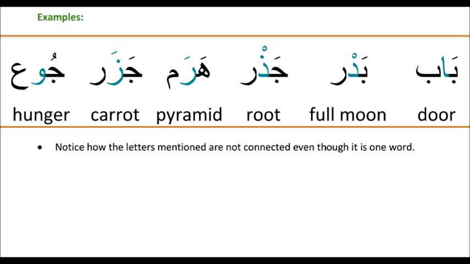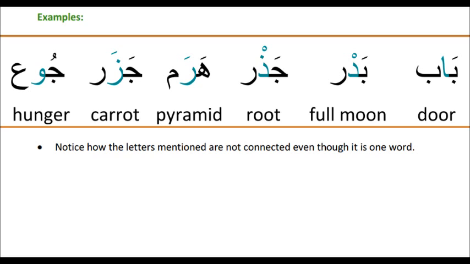Then we have the word jazar. Then we have ju'. And in these words we can notice that the letters I have mentioned before are not connected. If they are in the middle, or even if they are at the beginning, they will not be connected. They will just look like the initial form, or if they appear in the middle, they look like the final form.